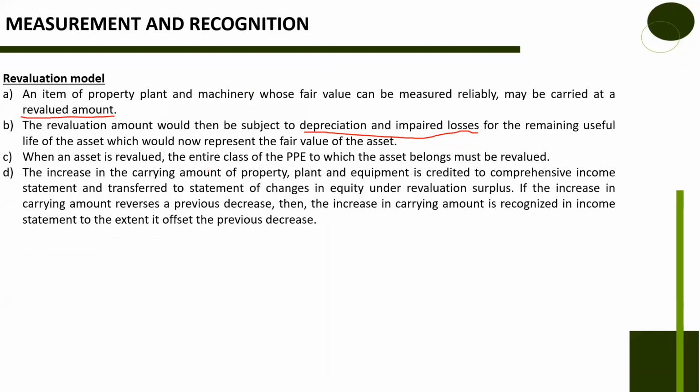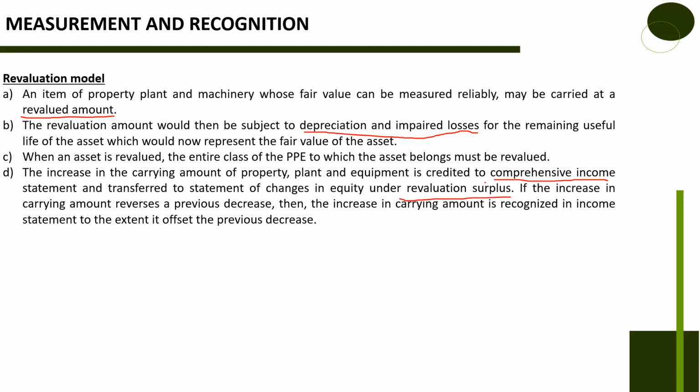So when an asset is revalued, the entire class of PPE to which that asset belongs must be revalued. The increase in the carrying amount of PPE is credited to the comprehensive income statement and transferred to changes in equity under revaluation surplus. How do I take care of the increase in the value?